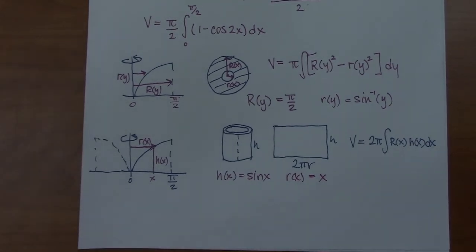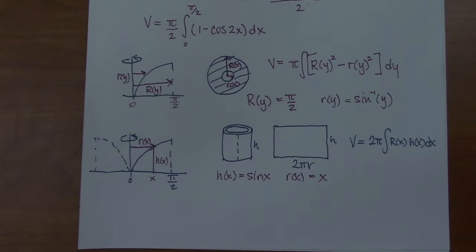If it was a function of y, then that r of x would have been some function of y. But you notice I had it in terms of x. So what you can see here is that on disc and washer, the variable matches the axis of rotation. If you're using a horizontal axis of rotation, you're in variable x. If you're using a vertical axis of rotation, you're in variable y.